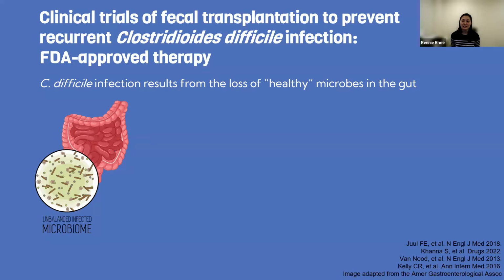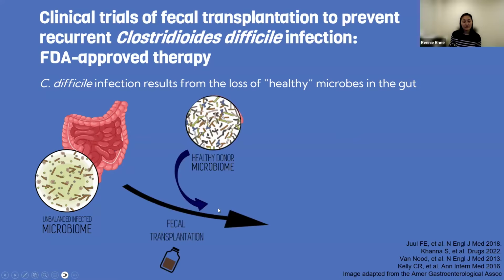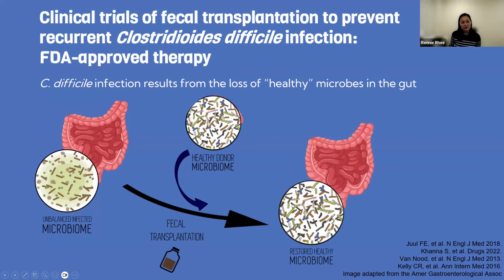And so studies have been done of fecal transplantation in individuals who have this recurrent infection. And it was shown that when you take these patients and you give them a fecal transplant from a healthy donor, they were able to restore their microbiome and completely get rid of the infection, which is just really amazing.